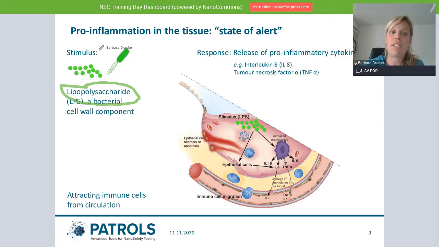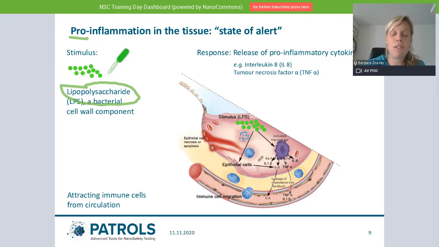There is first a series of reactions that occurs, and this is called pro-inflammation, which is the state of alert in the tissue. The most significant characteristic of the pro-inflammatory cascade of events is release of pro-inflammatory markers, for example the chemokine interleukin-8 and tumor necrosis factor alpha as the main inflammatory factor, or IL-1 beta and many others.